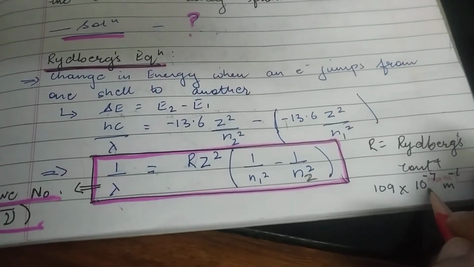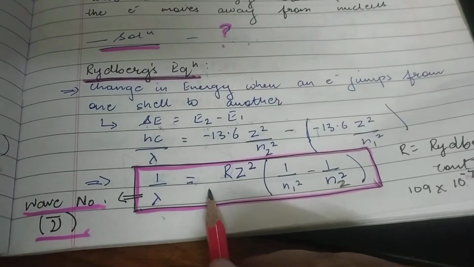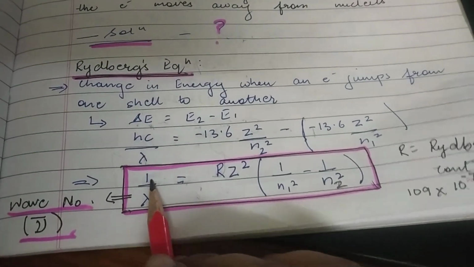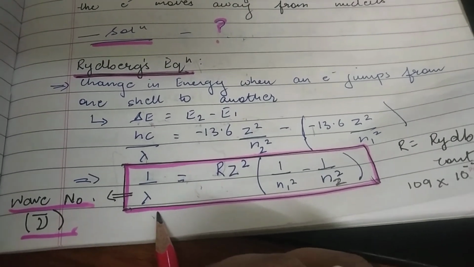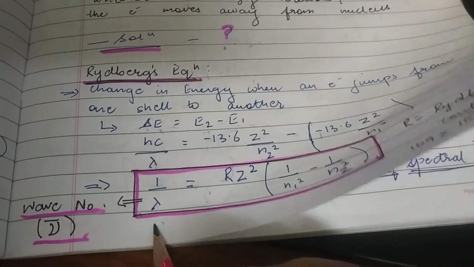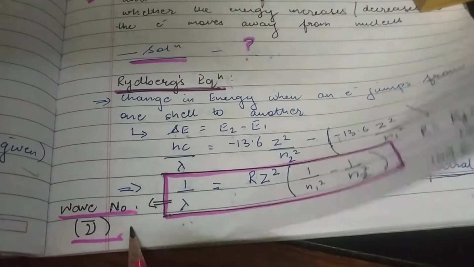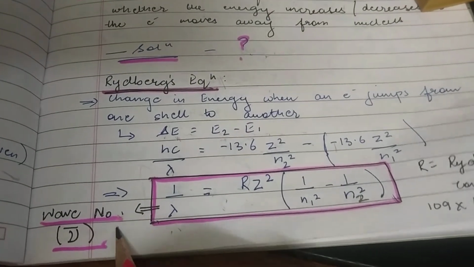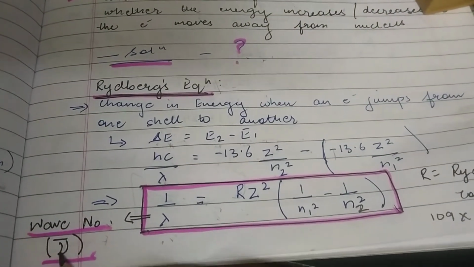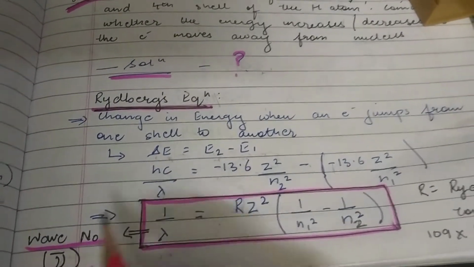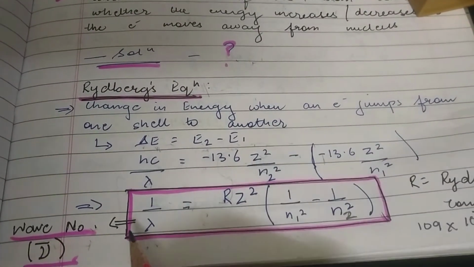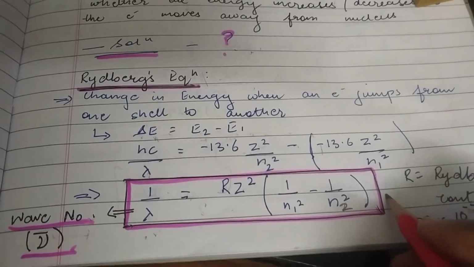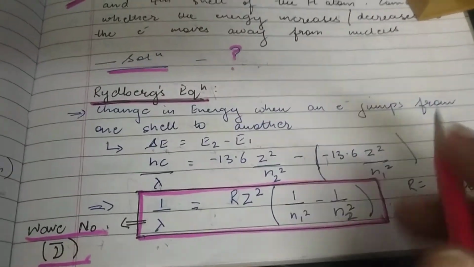From the Rydberg's equation you can find the reciprocal of the wavelength, which is known as wave number. You know that 1 upon lambda is equal to wave number, and wave number is denoted as nu with a bar. So the Rydberg's equation gives us the wave number, or the reciprocal of the wavelength, by a very simple formula.